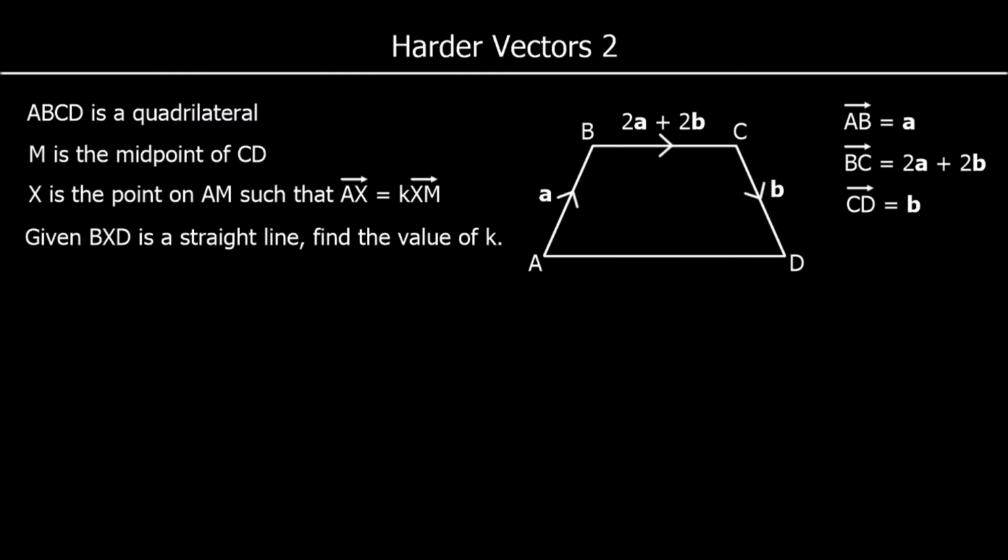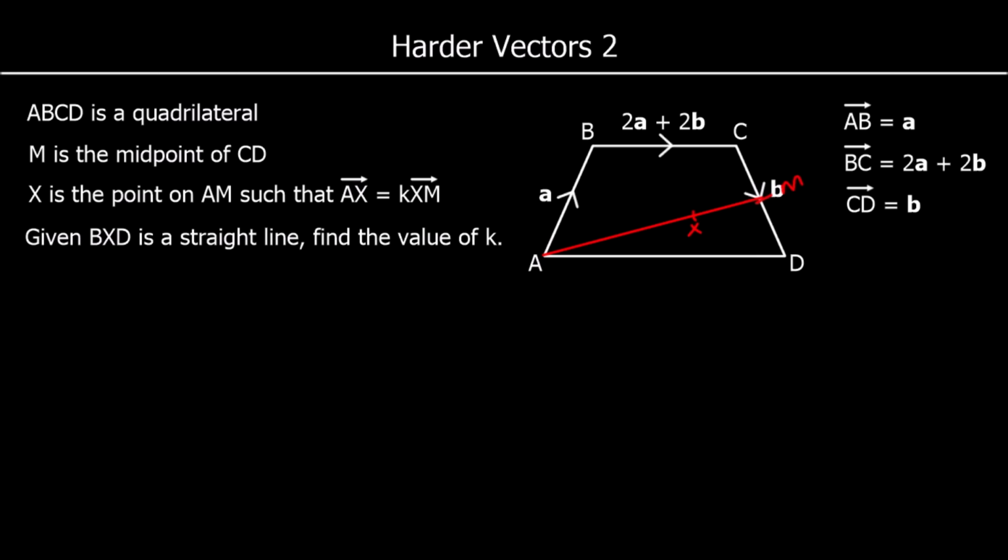M is the midpoint of C to D. X is the point on A to M, such that A to X, so X is on here somewhere, such that A to X is k times X to M. So we're looking at how many X to M's make A to X. That's what the question is saying.